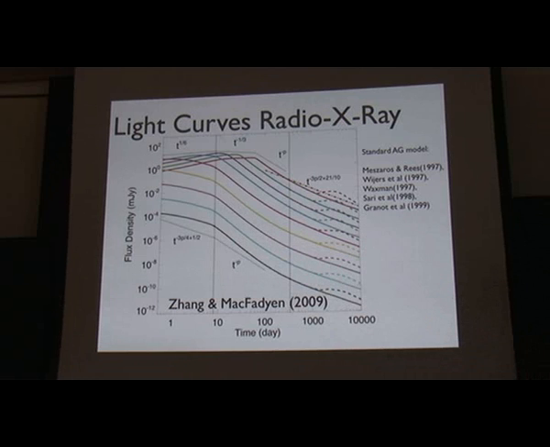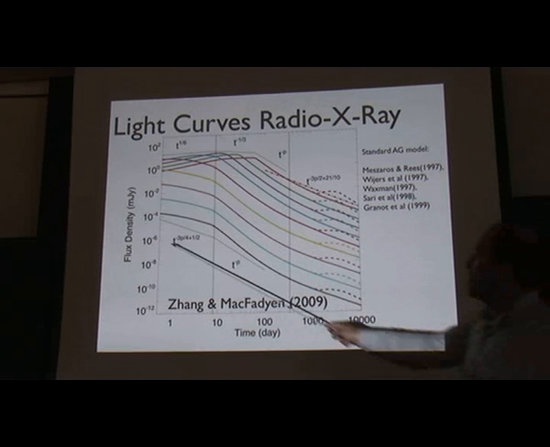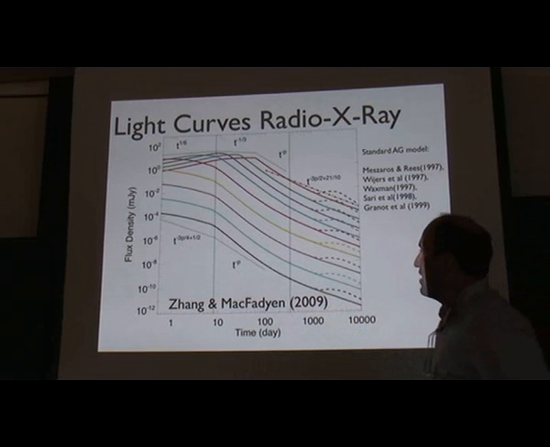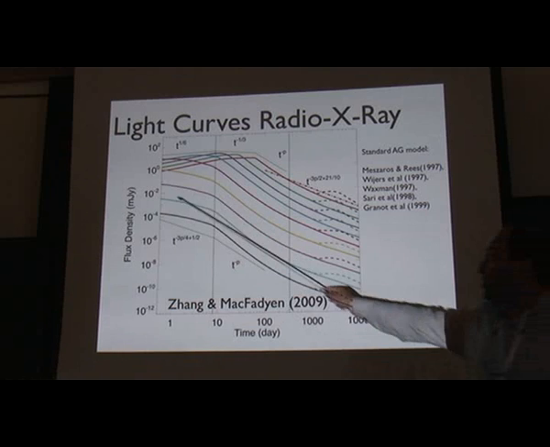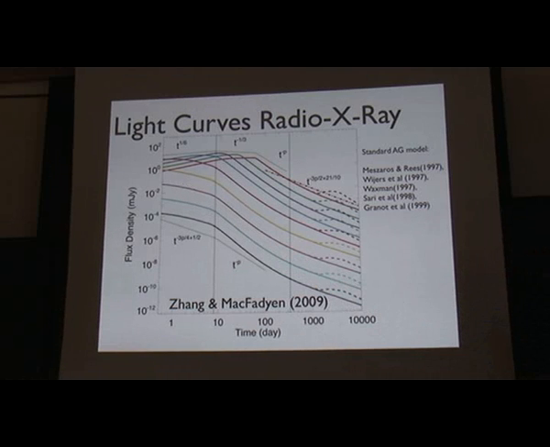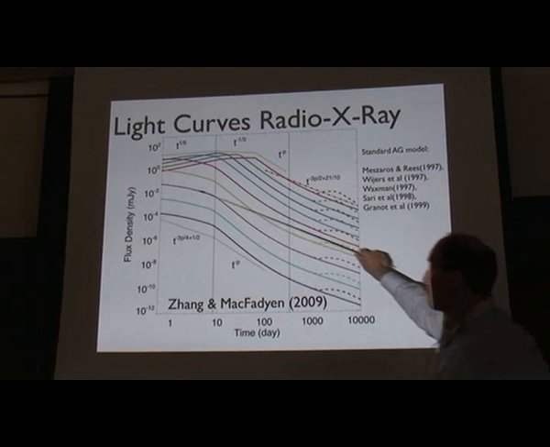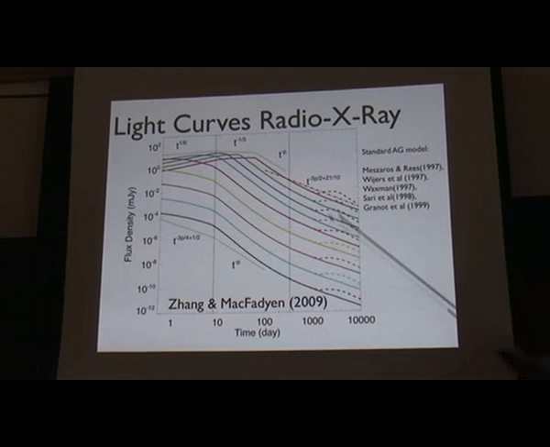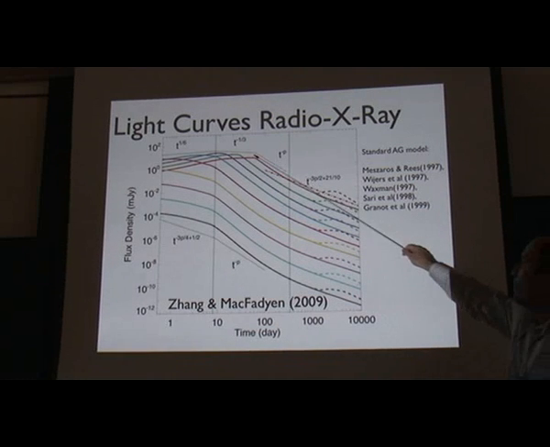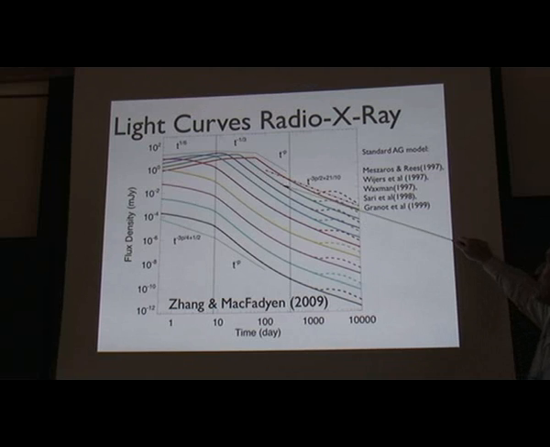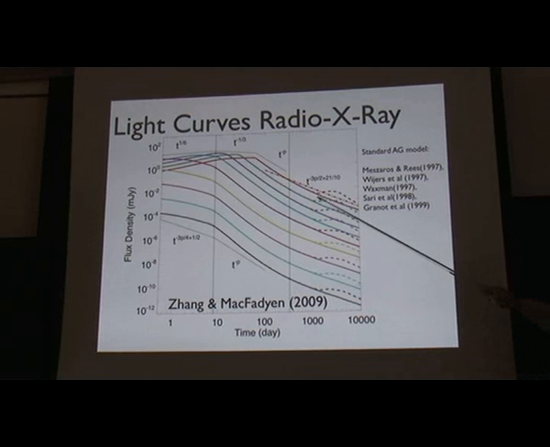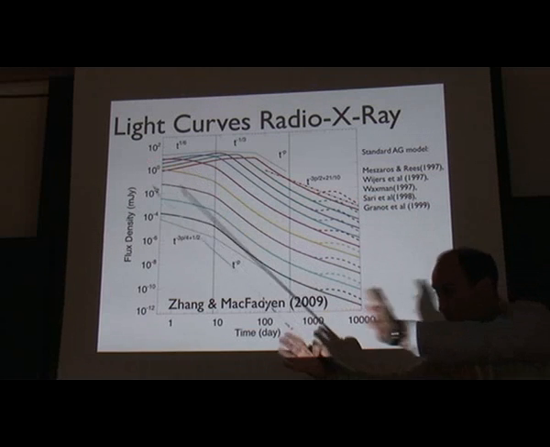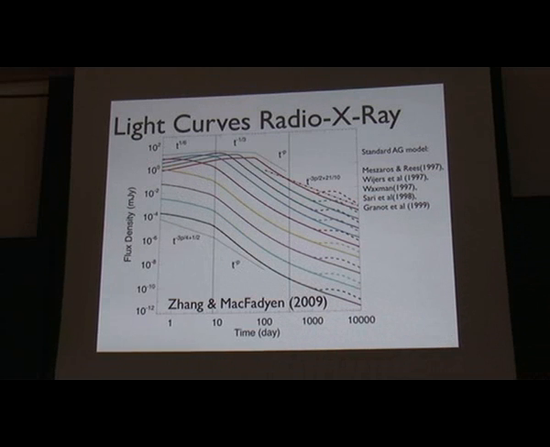So we have multi-band light curves, and we can show how they match different analytic estimates. We do calculate pretty sharp jet breaks, although they're not very sharp, they're kind of curved, so this alpha changes as a function of time. And also we find at late times that we transition to this Newtonian case. So there's a flattening of the light curve, and there's also, this dot here is the counterjet. So at late times, the material that's moving away from you has slowed down enough that you start to see it. It's no longer beamed away from you.